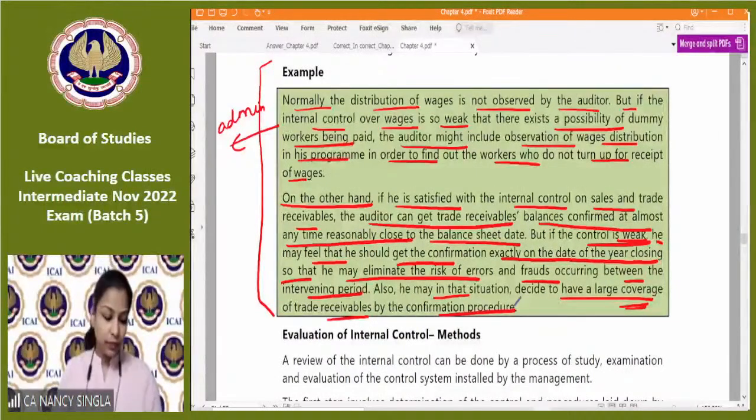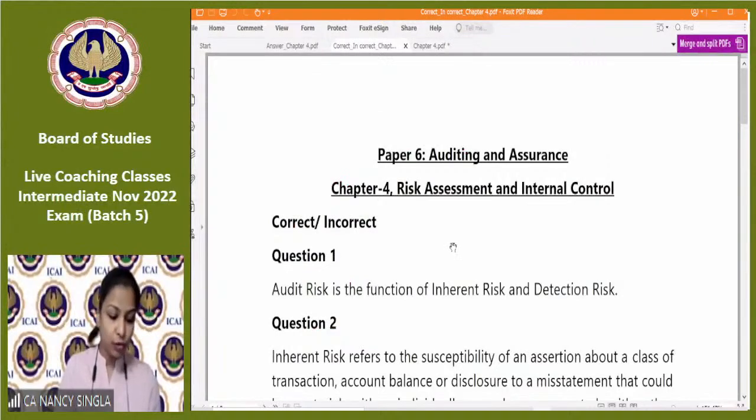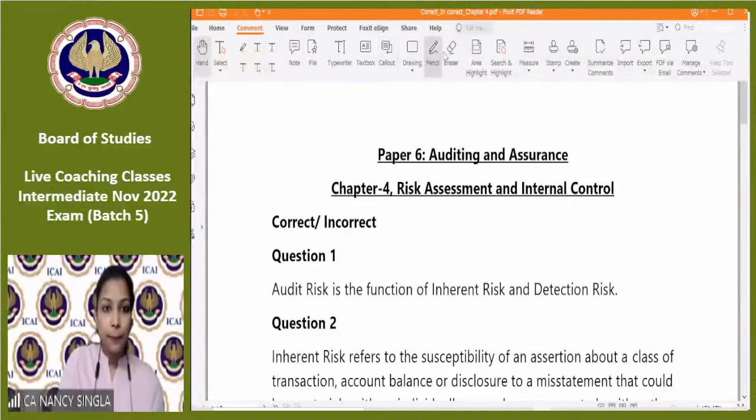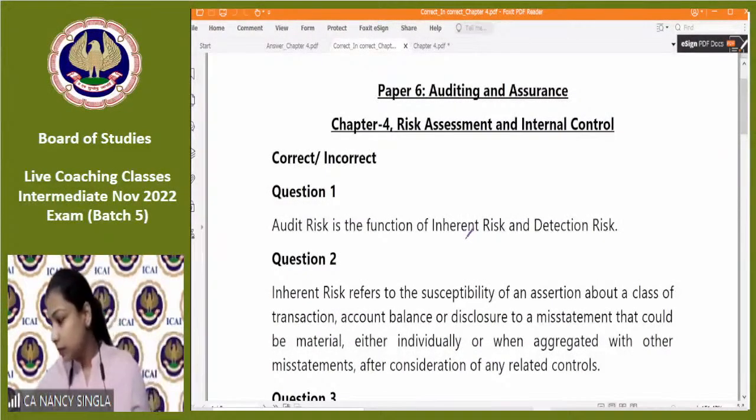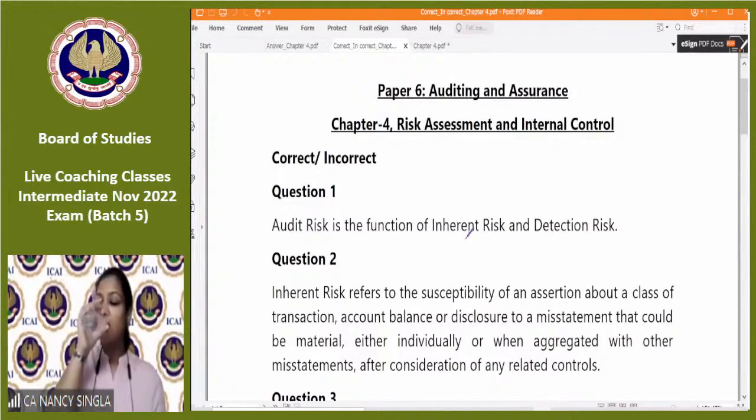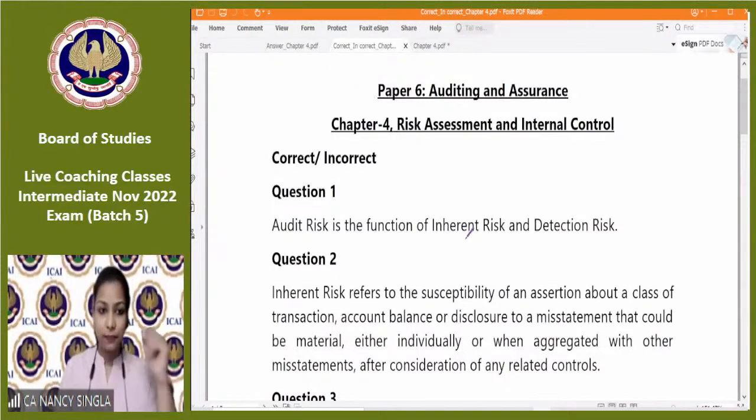So what I'll do is we will stop for now, but we'll be discussing the correct-incorrect questions which I have uploaded also. I hope you all have gone through these questions. So answer to question number 1 quickly. Just write 1 and C for correct, I for incorrect.